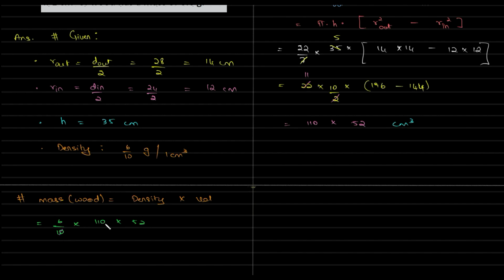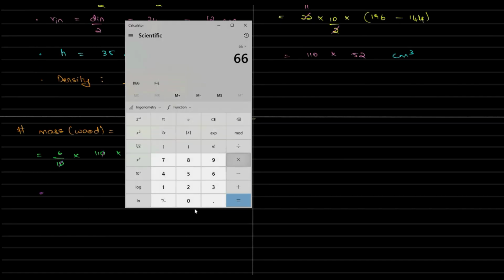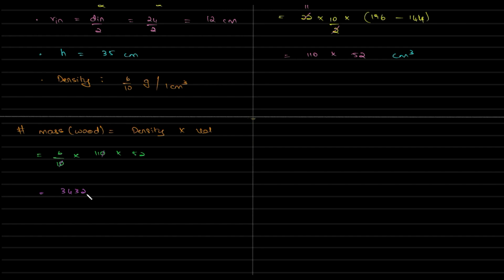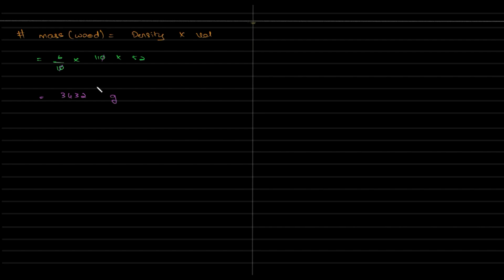So this is 66 into 52. 66 into 52 is 3432. So many grams. Okay, so this is in grams. So the answer will be in grams, centimeter cube, centimeter cube cancelling. So everything is confirmed. And at last you can multiply things. You can hold it till the last moment.